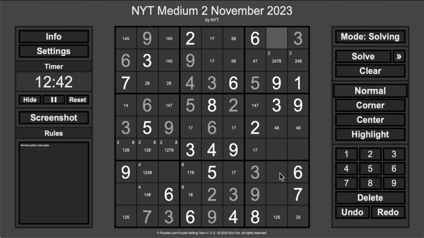Okay, this is down to 4, 7, or 8. And everything crosses a box there. All I've determined is one of these or 8.